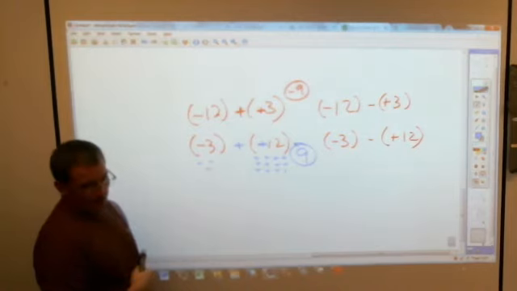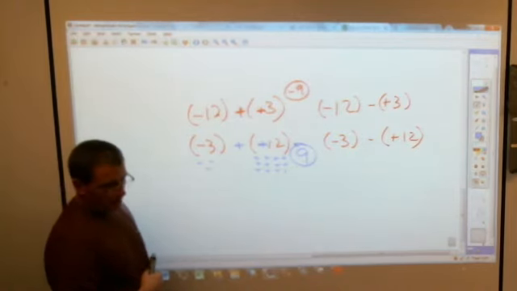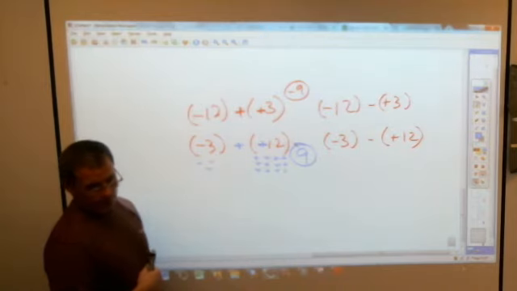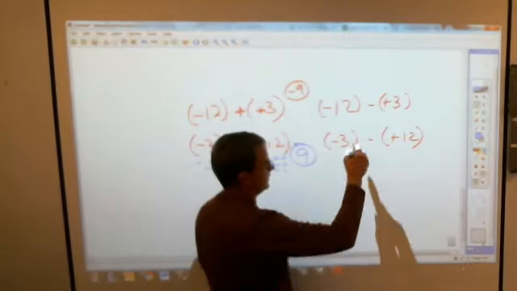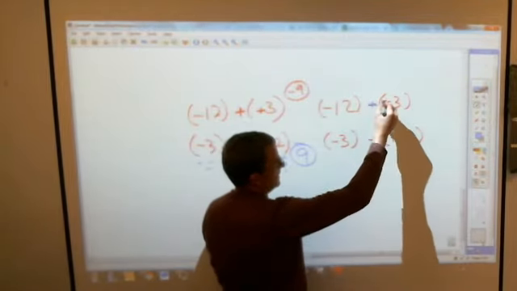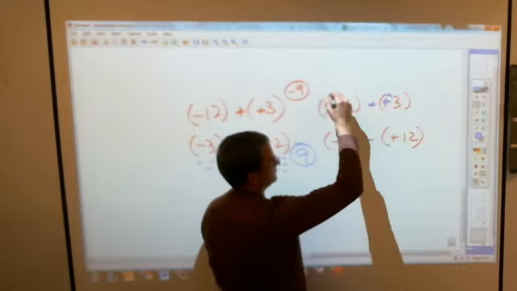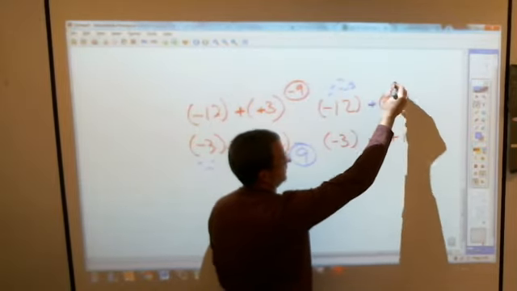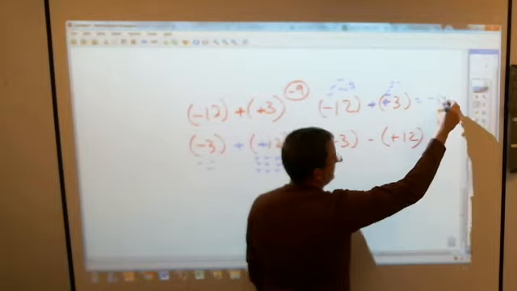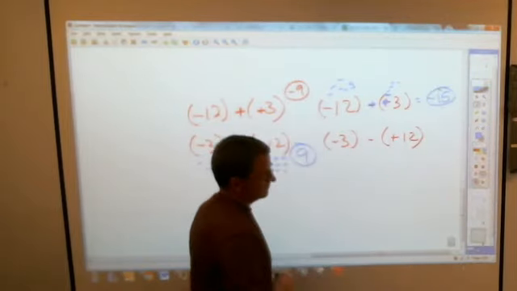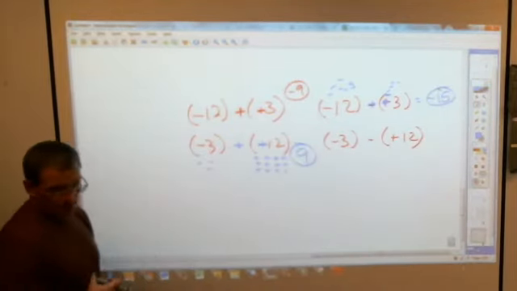How about the next one? Negative 12 minus a positive 3. Cassie says negative 15. Did you change this to its opposite, this to its opposite? 12 negatives, 3 more negatives, 15 negatives. Are you with me now?